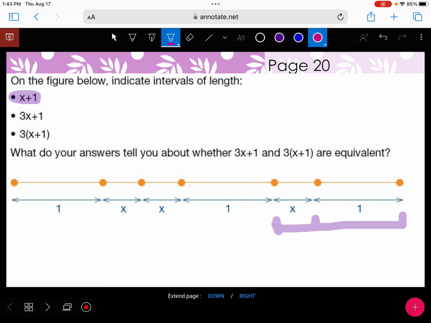If I want to mark out 3x plus 1, I'm going to take 3 x's. I have 1x here, I have 1x here, and I have another x here, and 1, and we're going to add them together. Well, there happens to be a 1 right here. So that would be a length of 3x plus 1.